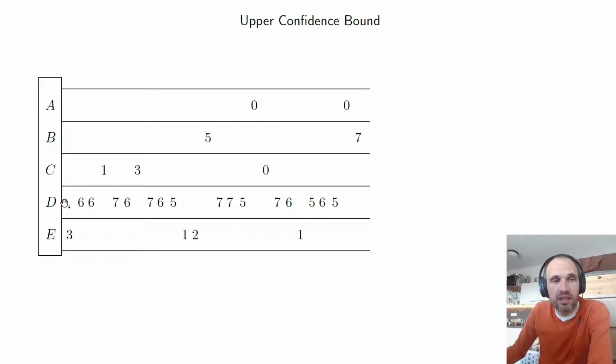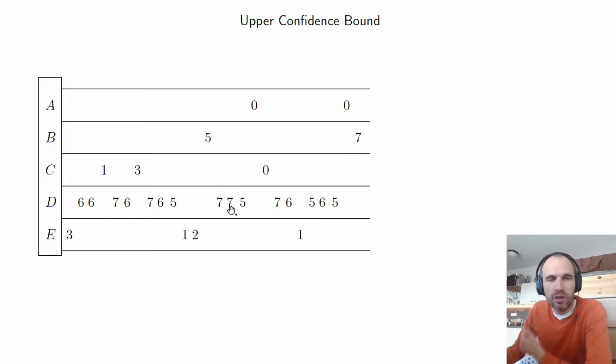And I can already tell you that option D here has the highest approximate value so far from what we saw. And A, C, and E seem to have a pretty low value. And option B has an approximate value of 6, so it seems pretty close to option D.